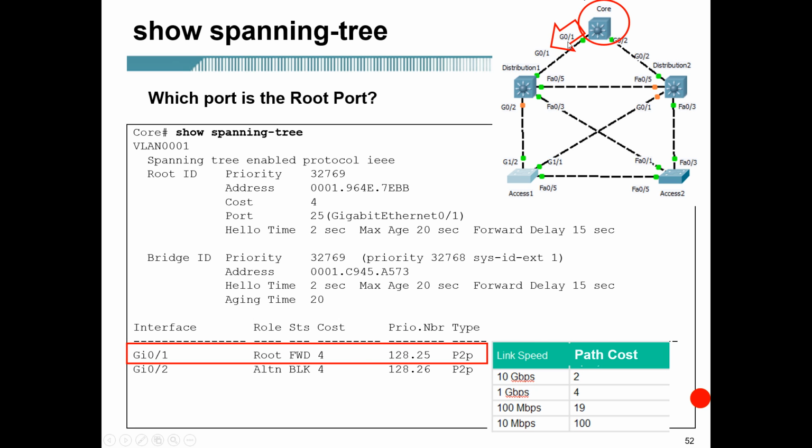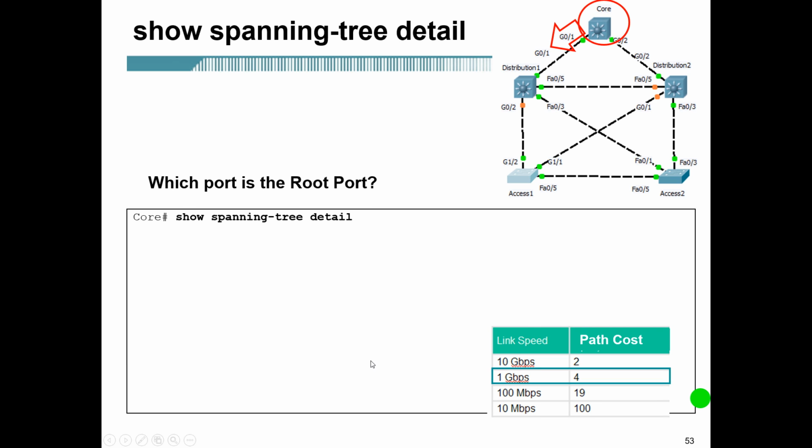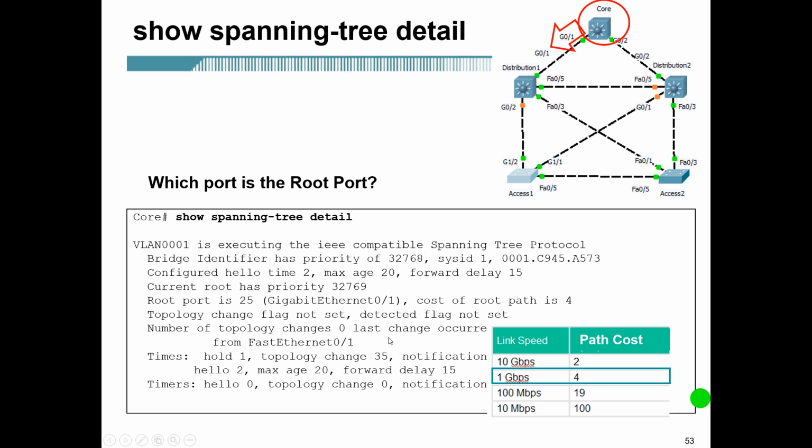Here it took G0/1, and it did that because typically it's going to take the lowest port. So why did it take that as the root port? And that is because the root path cost was 4. The root port cost is going to be 25.